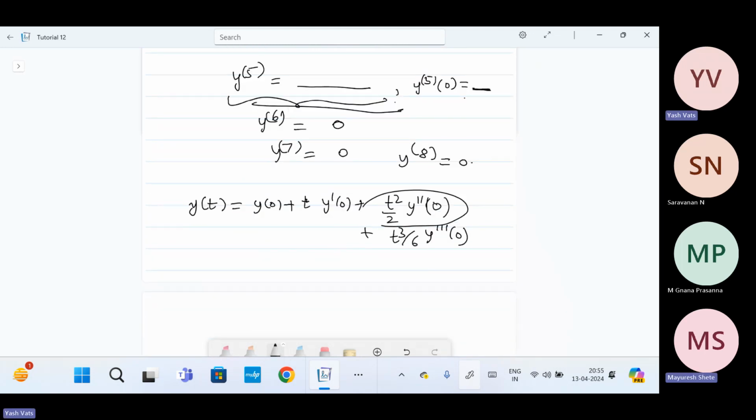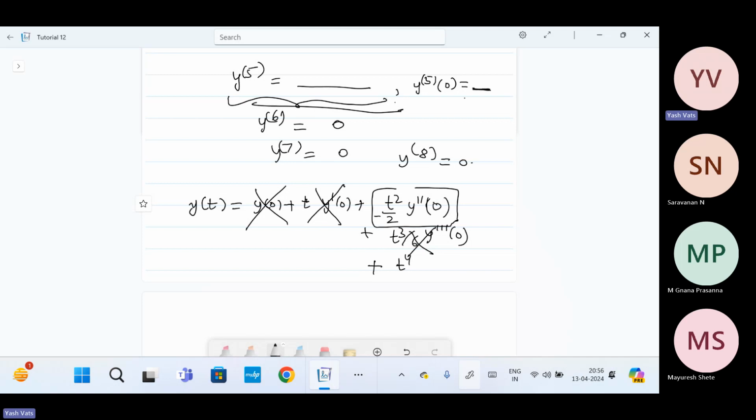So this term will be 0, and it doesn't count because y triple dash 0 is 0. So you need y double dash 0 and so on.